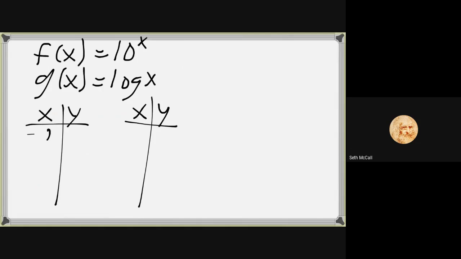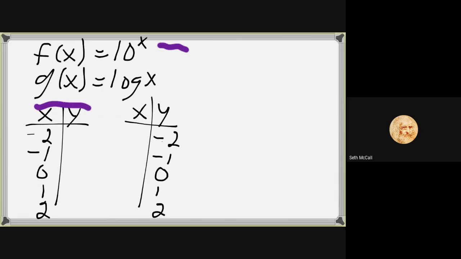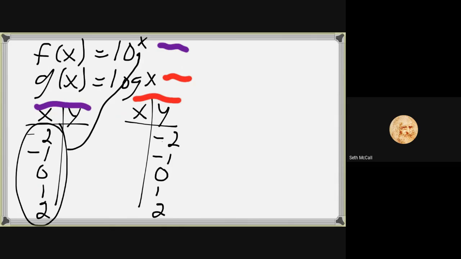And we're going to have -2, -1, 0, 1, 2. Hopefully you're catching on that is what we always use for the x's. It's pretty simple. And we'll go with purple, purple, red, and red. And so now plugging -2 in, remember all of these x values are going to go in right there.